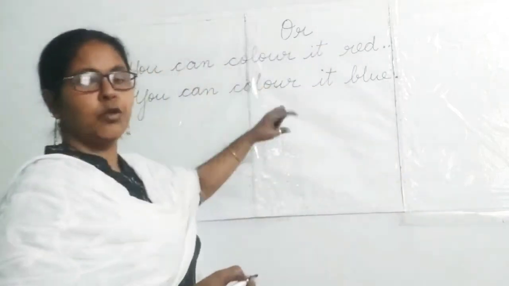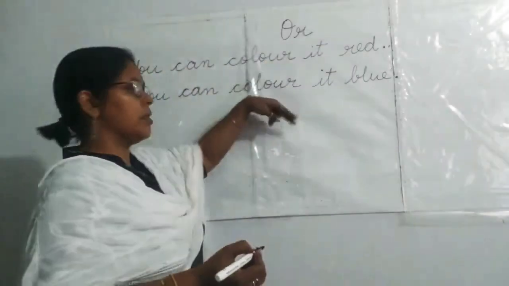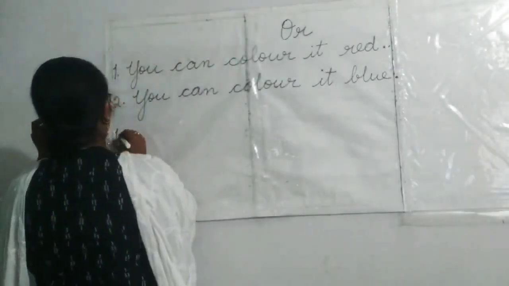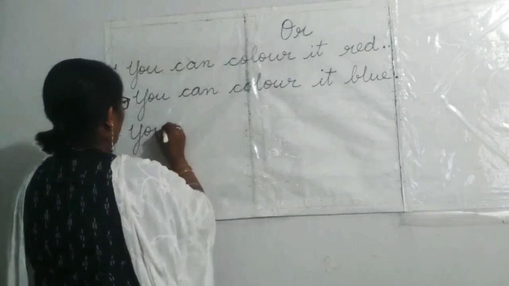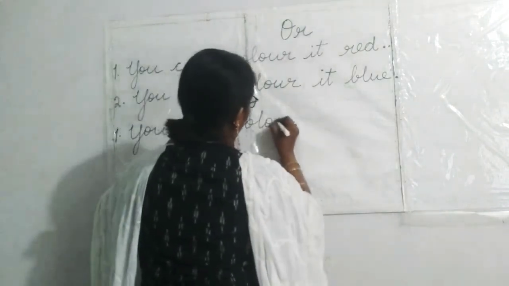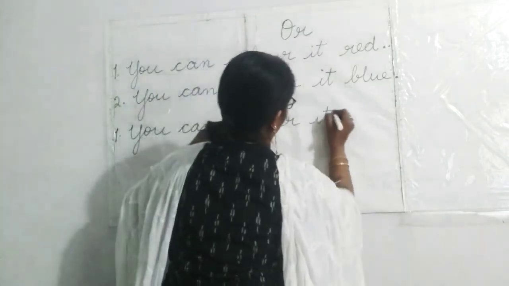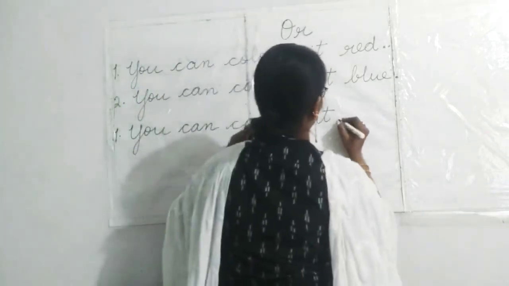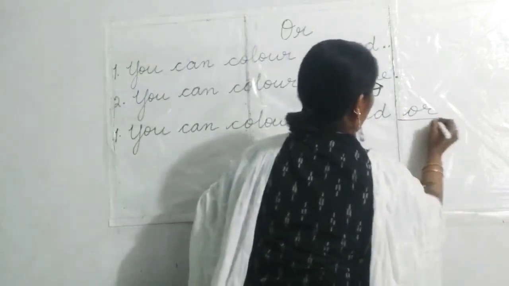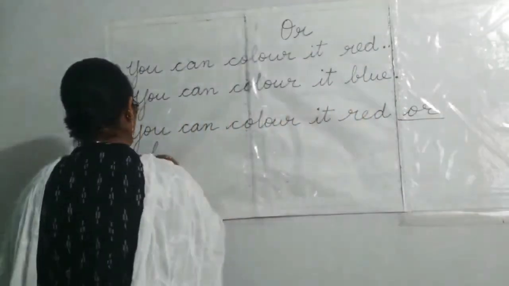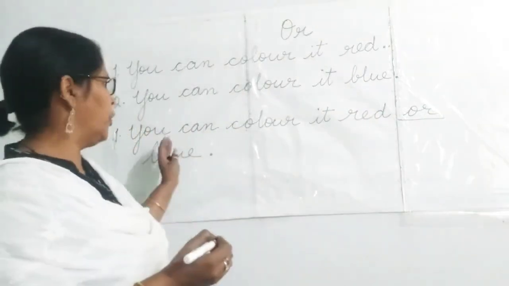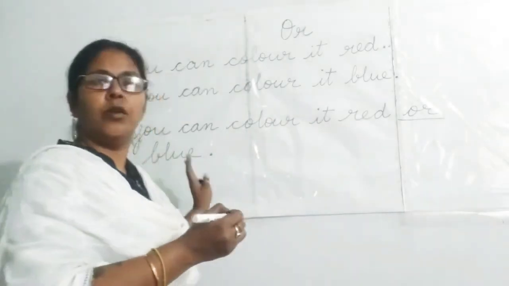Okay, now I'm going to join these two sentences with the help of or. You can color it red or blue. Okay, you can color it red or blue.